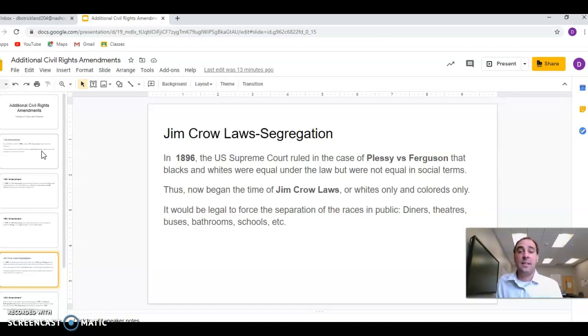Ferguson that said that blacks and whites were equal under the law, but were not equal in social terms and could therefore be separated out in public. Okay? This is where you had those signs that came about where you'd see whites only, coloreds only. That could be a restaurant, a movie theater, a drinking fountain, a bathroom, schools. This Supreme Court case made segregation legal.